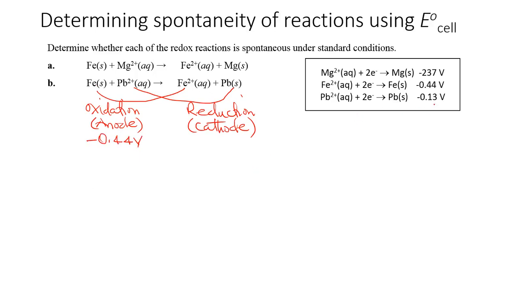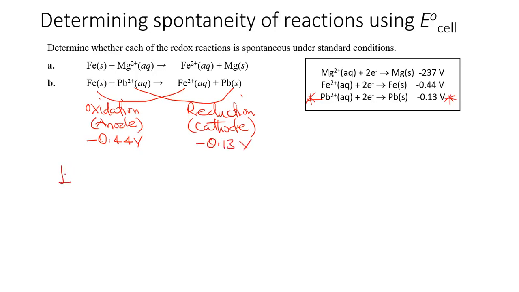E cell for cathode, now we are getting it from the lead, is minus 0.13 volts.